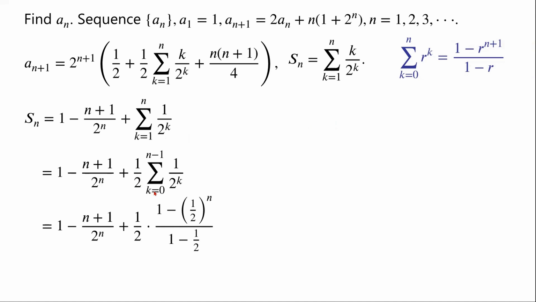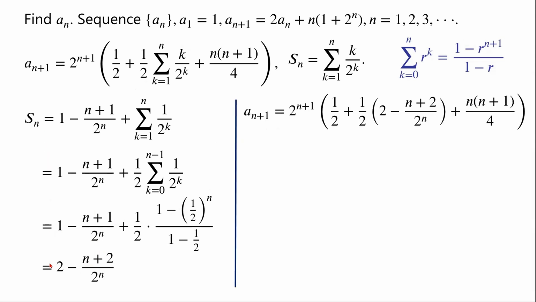By applying this, sigma k equals 0 to n minus 1 of 1 over 2 to the power of k can be written as (1 minus a half all to the power of n) over (1 minus a half). 1 minus a half is a half; the half in the denominator and a half here cancel. 1 plus 1 is 2, minus (n plus 1) over 2 to the power of n, minus a half all to the power of n, is minus (n plus 2) over 2 to the power of n.